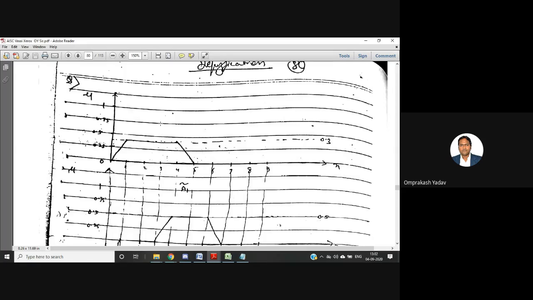Using first centroid method and next center of sums method.